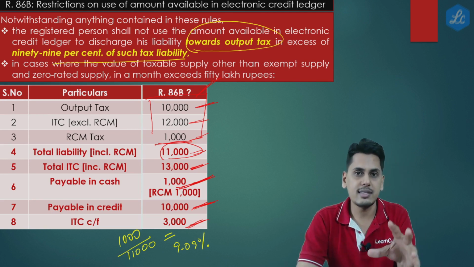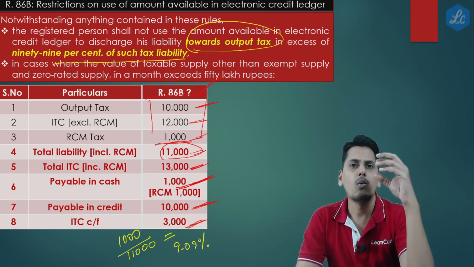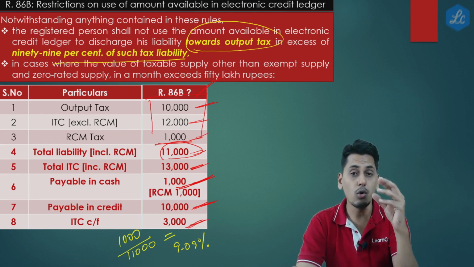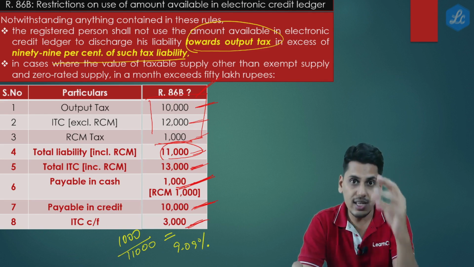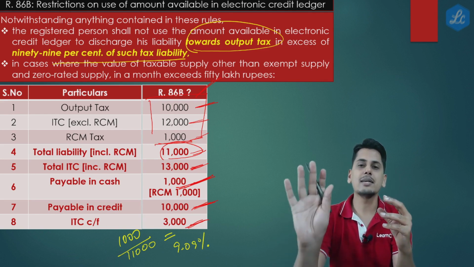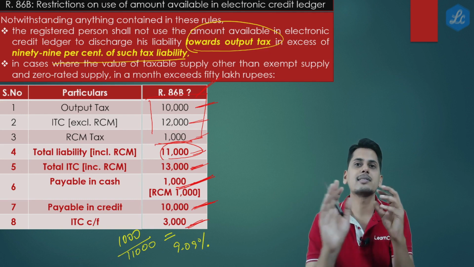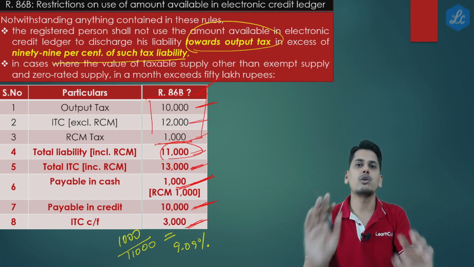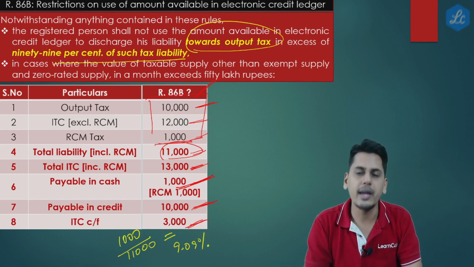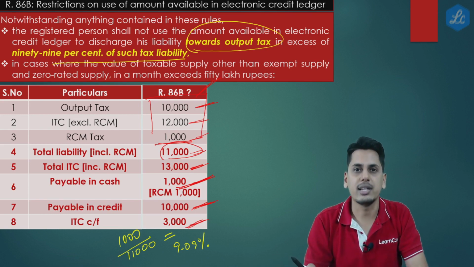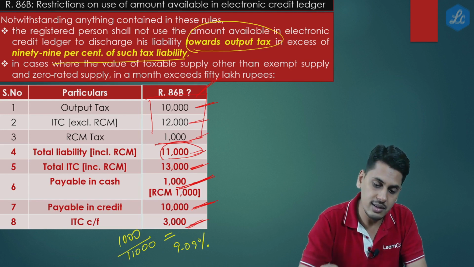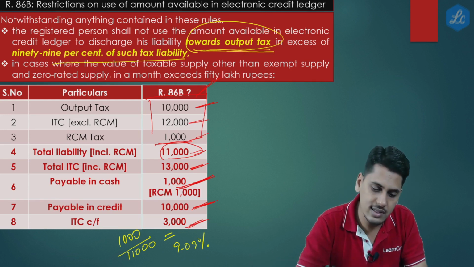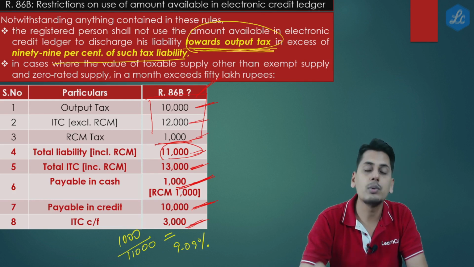Friends, please understand, it tells us that whatever is the total output tax, to discharge his output tax, maximum credit you can use is 99% of this output tax, which means that 1% of this output tax needs to be paid through electronic cash ledger. Friends, please concentrate. It doesn't use the wording total liability. It uses the wording output tax.